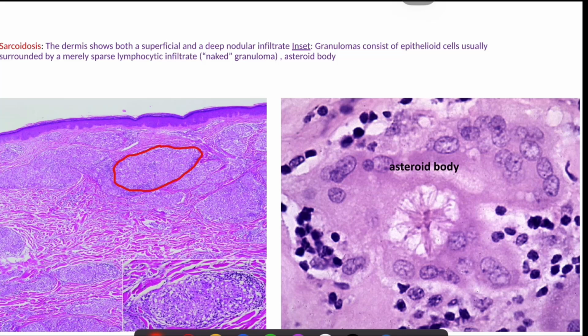So sparse lymphocytes, and there is presence of asteroid body. So this is asteroid body. This is the granuloma, and here the few lymphocytes are present. So this is called a naked granuloma.